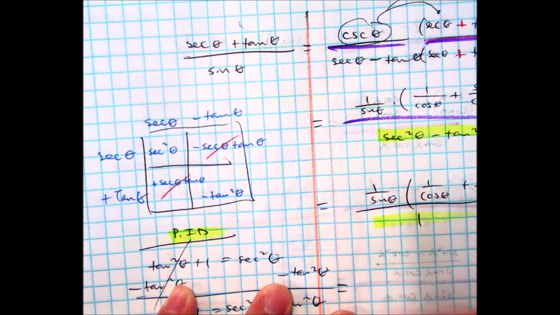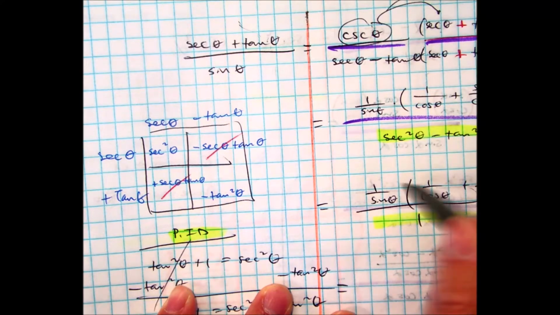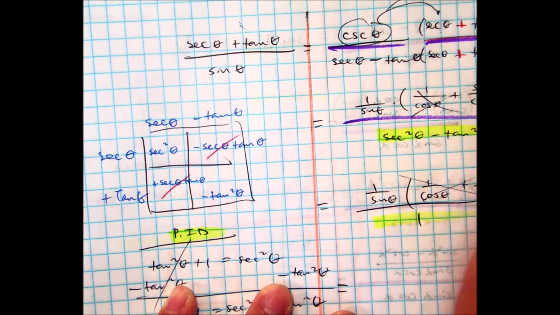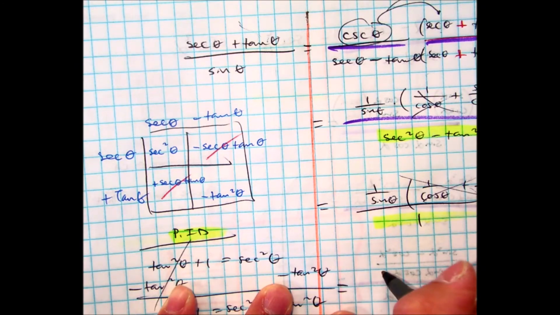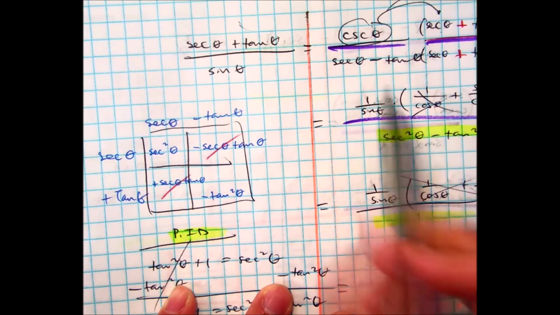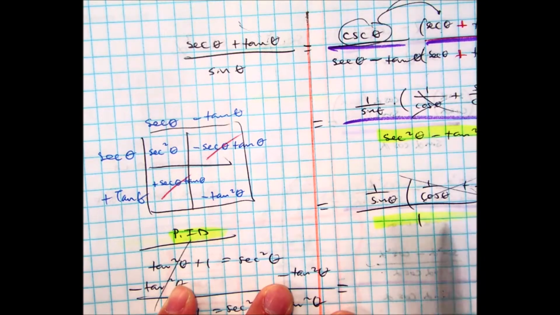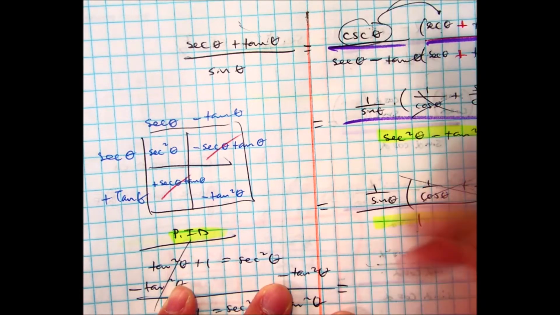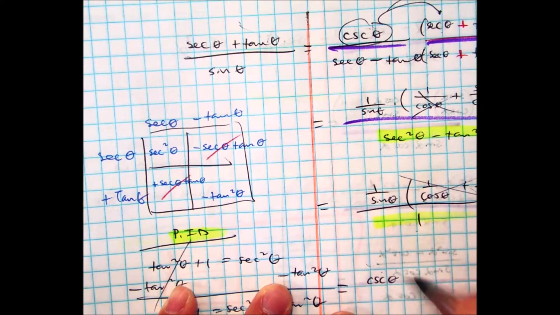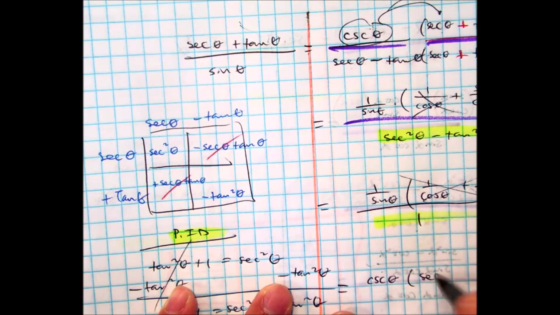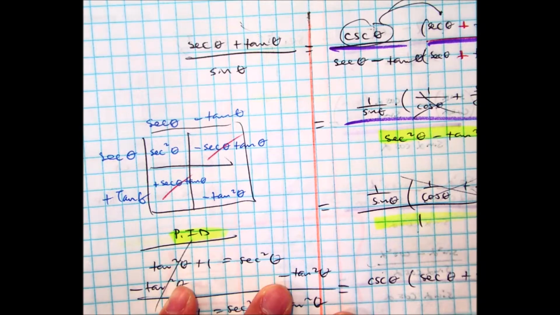So if you want to undo what we just did, you really don't need to do all that. Just come back up here. I'll just rewrite what we had up there, because we know all of this is just becoming 1. Over here though, cosecant theta times secant theta plus tangent theta. That's all we have now, right?